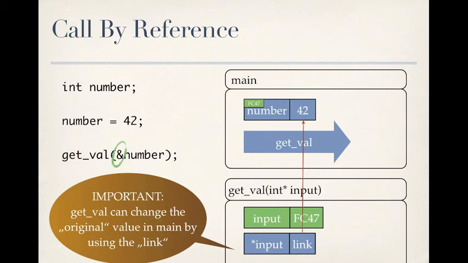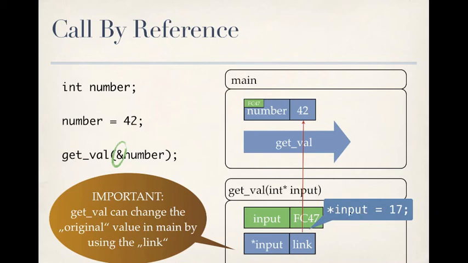If we write star input equals 17, we are taking the address stored in here, and we are changing the value at this address.